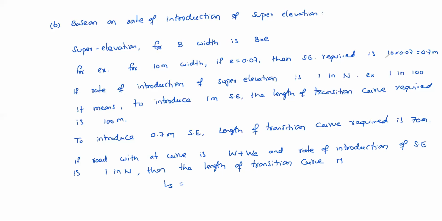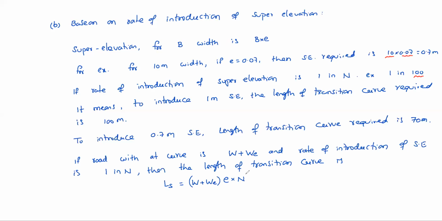This 10 is the width of the road, this 0.07 is the superelevation, and this 100 is n, as 1 in n means 100 is n. Here LS is nothing but, the width is W plus WE, the superelevation is E, and 1 in n is the rate of introduction of superelevation, so it should be multiplied by n.